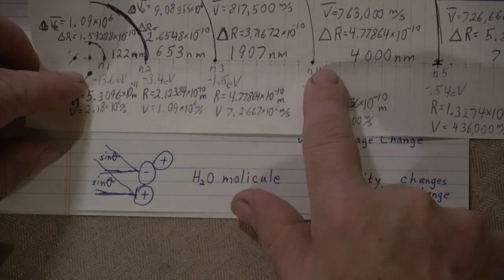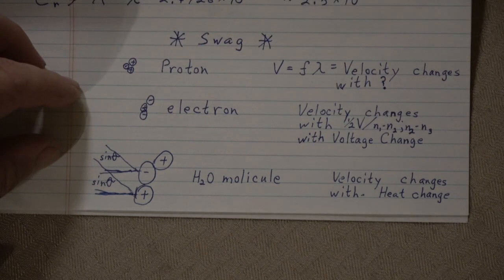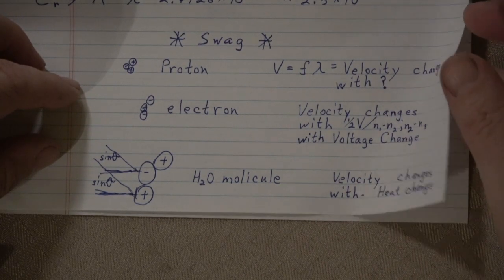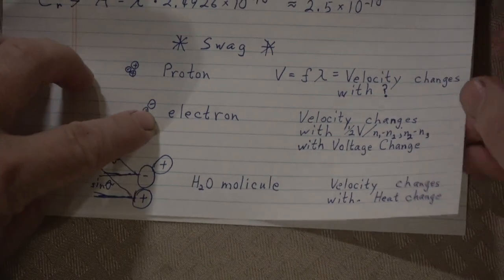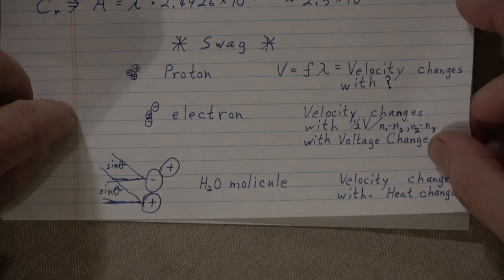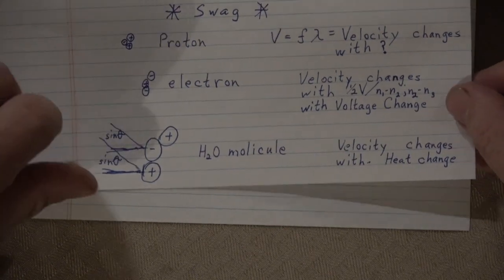Every time you go out to one, the velocity gets cut in half. So we do have velocity changes with that. And the velocity of the electron also changes with voltage. And that is a velocity change. It's not necessarily the acceleration.